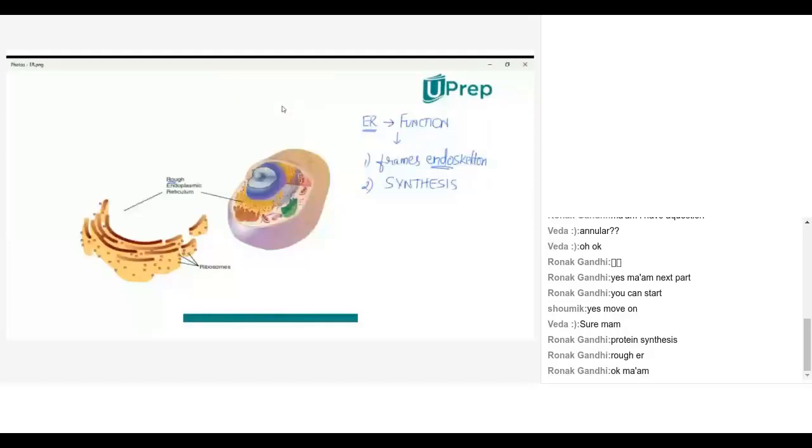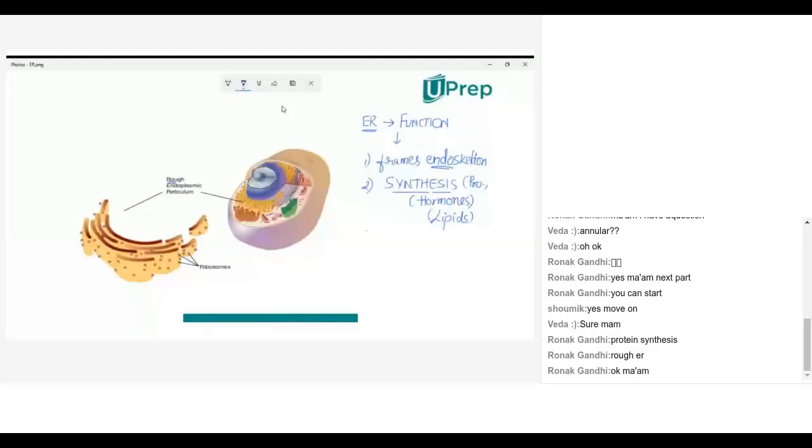For example, proteins, which make the endoplasmic reticulum into two types, and it even synthesizes lipids also. And the endoplasmic reticulum sometimes synthesizes hormones also. So synthesis of proteins and lipids, along with hormones.